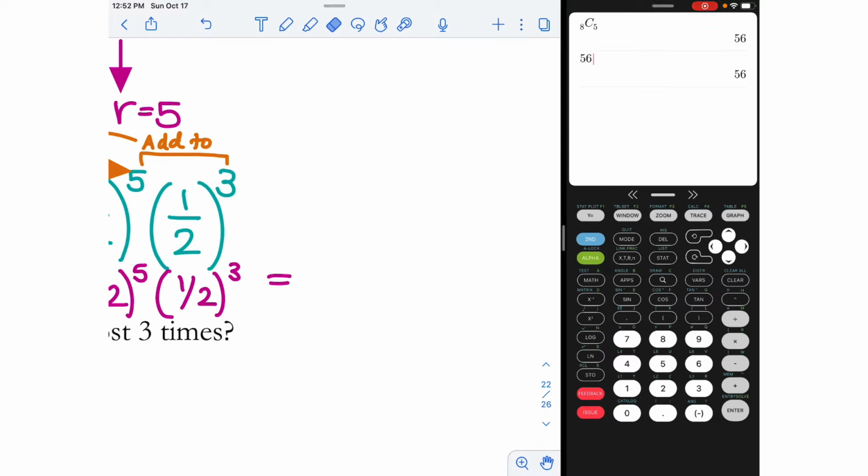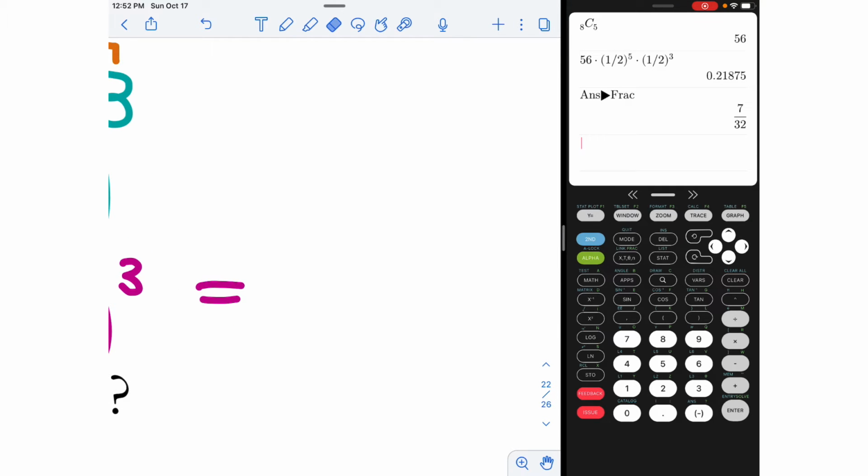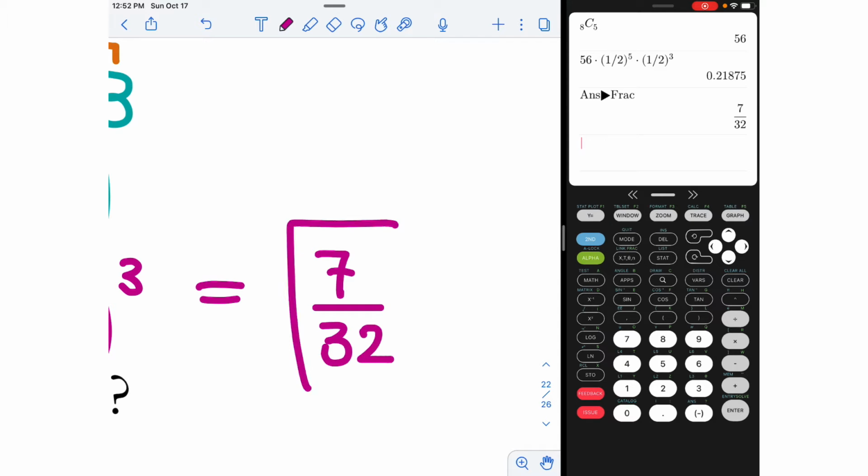I'm going to take 56 times parentheses 1/2 raised to the 5th times parentheses 1/2 raised to the 3rd. Hit math, enter, enter, and that's my answer, 7/32. I do want it as a fraction. I do not want a percentage. That's the answer right there.